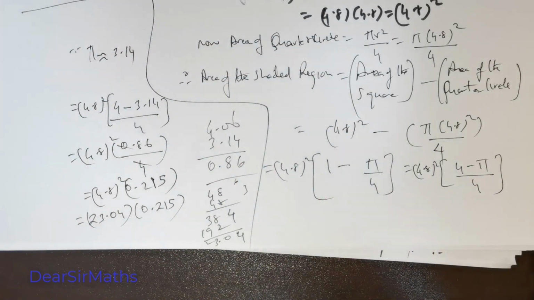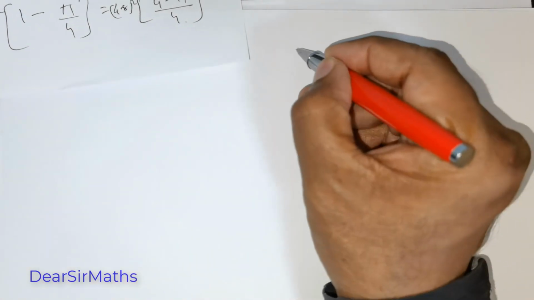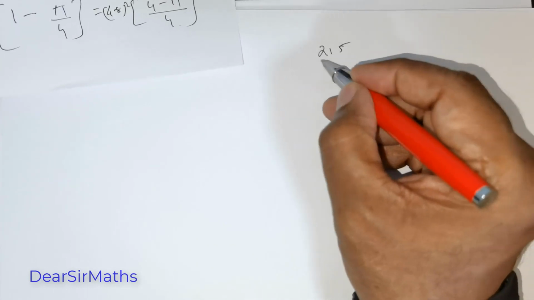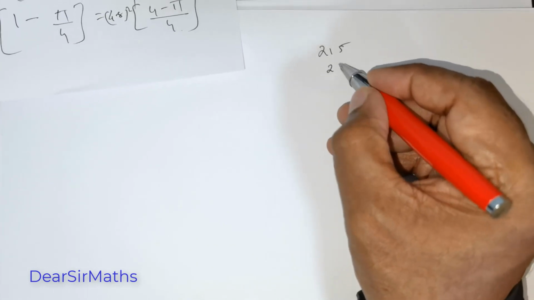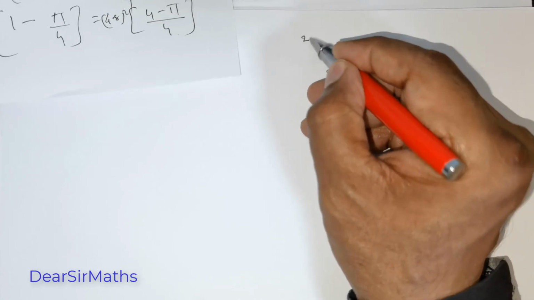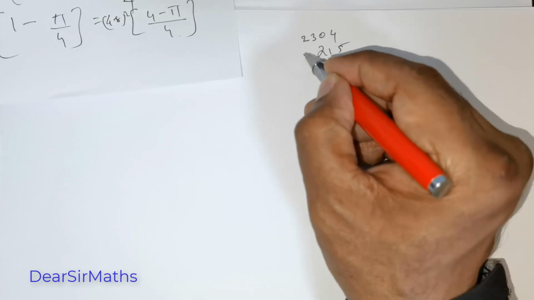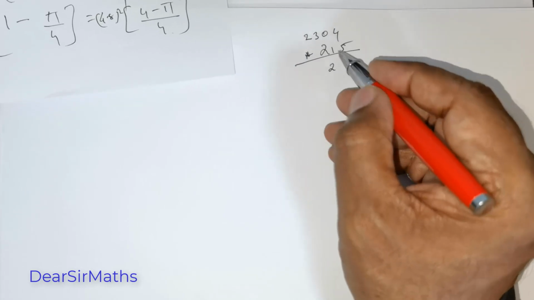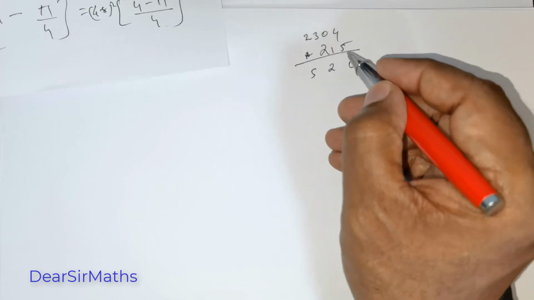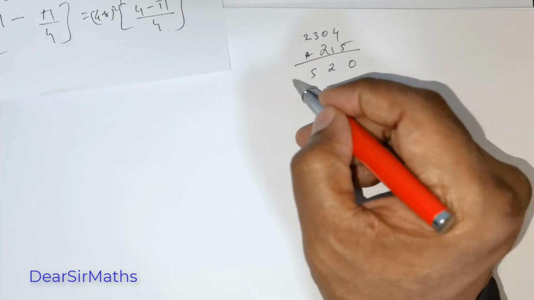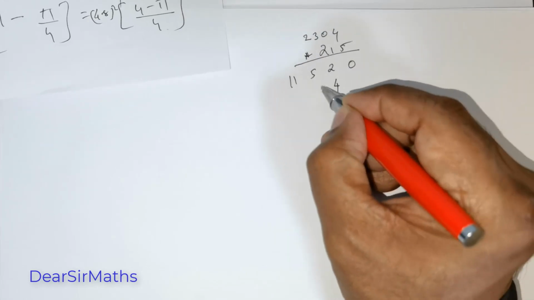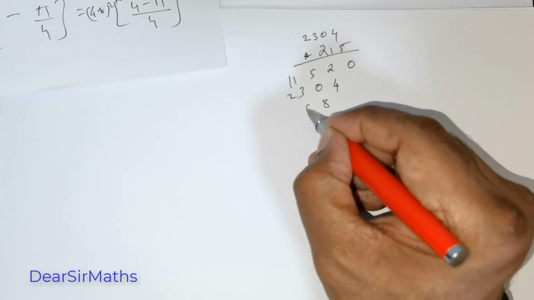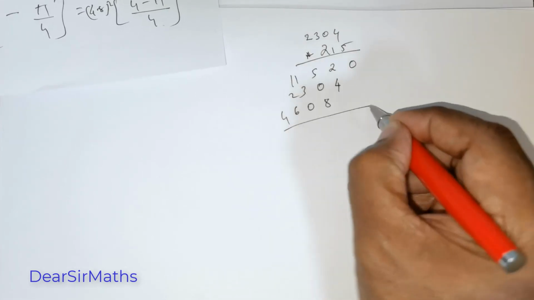So you can use your calculator or you can simply multiply like I do. I will multiply 215 with 2304, right? 5 4s are 20, 5 3s are 15, 5 2s are 10, 11, 4, 0, 3, 2, 8, 0, 6, 4, right?